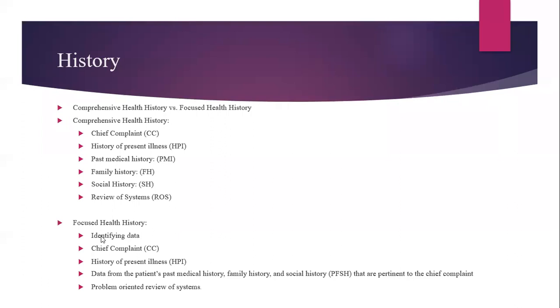So it includes identifying data, chief complaint, history of present illness, data from the patient's past medical history, family history, and social history that relate to the chief complaint. Also, problem-oriented review of systems.